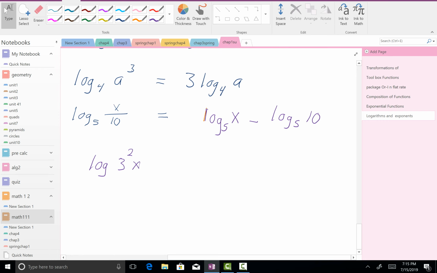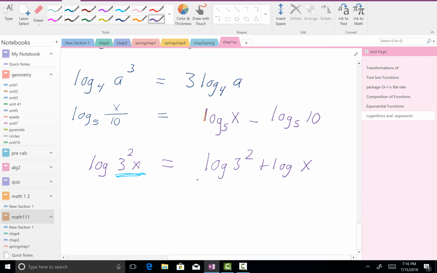Okay, let's check this one out. Here's one that tricks people up. We have a log, base 10, of 3 squared x. There are two things happening. One, we have a multiplication going on there, so I know I'm going to have this plus this, because I've got multiplication.